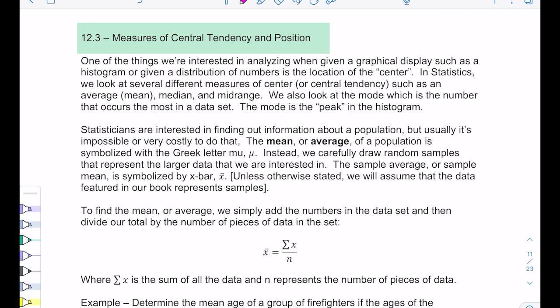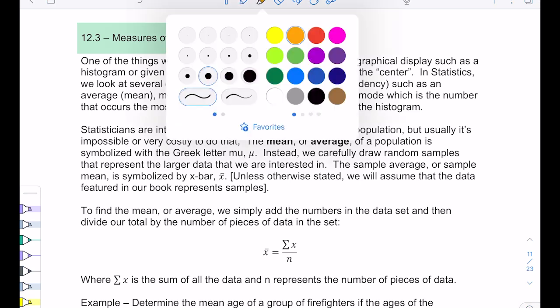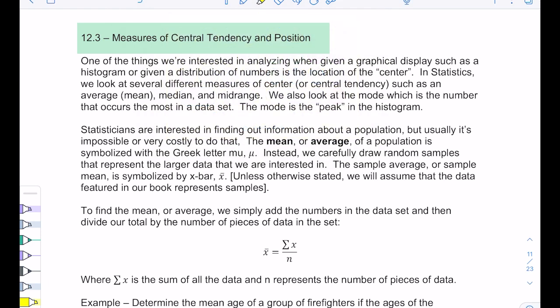When we're looking for the mean or the average, there are two kinds that we are interested in. One of them is the population average, and that's symbolized using a Greek letter, the letter mu.